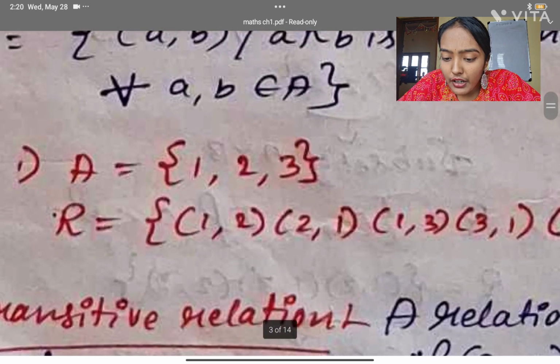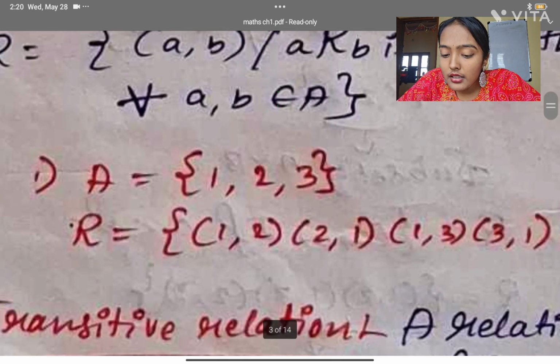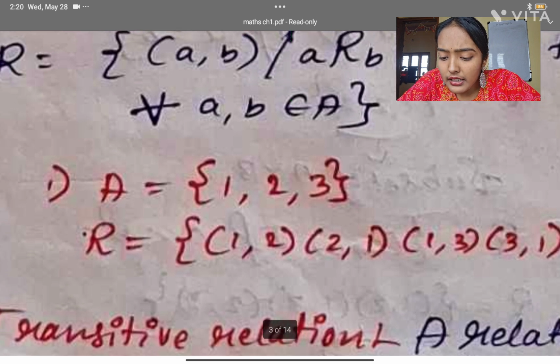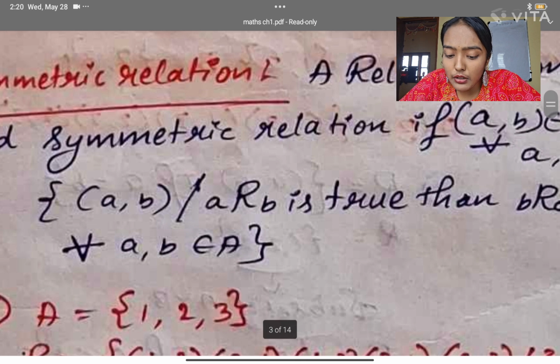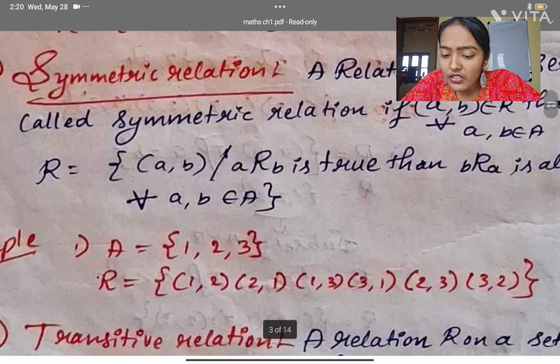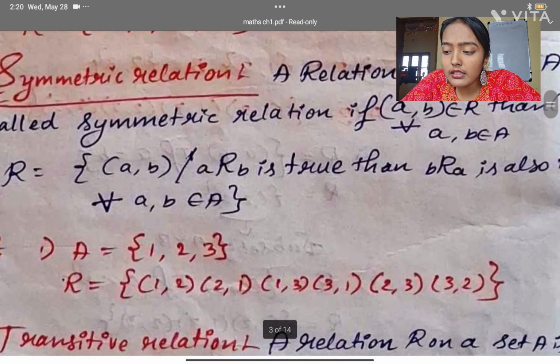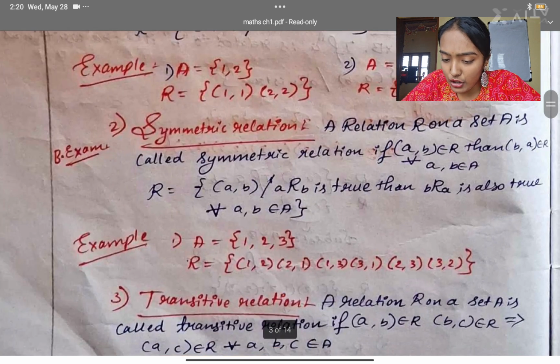If we are considering (1, 2) as a subset, in that case we have to consider (2, 1) as well. If there is such a sequence in a relation, then we can say the set has a symmetric relation.